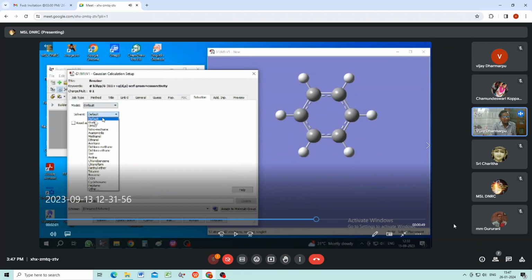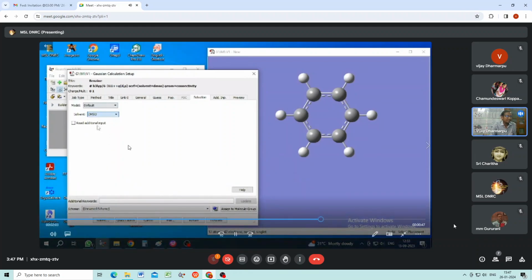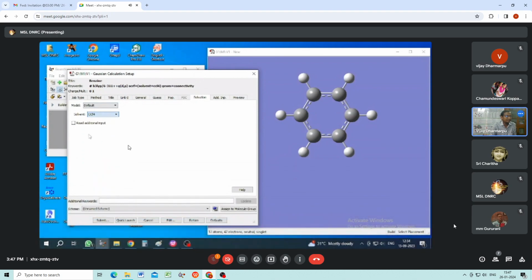In our laboratory, we have these solvents, and the software also has these solvents in its data. Based on the program, we can run anything. I just want to go with none, without solvent.